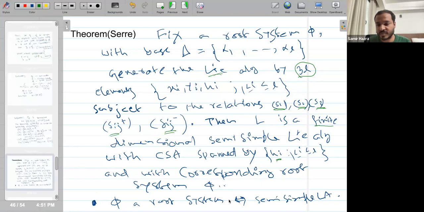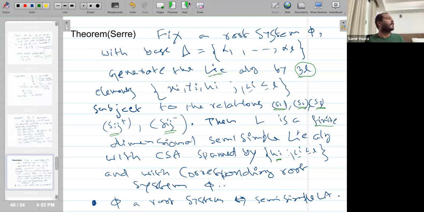So if phi is a root system and there is a semi-simple Lie algebra, there is a correspondence. If there are two semi-simple Lie algebras which are isomorphic, then their root systems are isomorphic, of course. And we want to ask whether there is a bijection. If phi is a root system, we can actually find a semi-simple Lie algebra; at least this is the existence theorem.